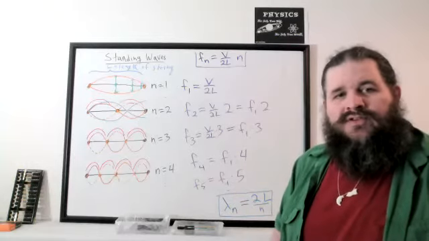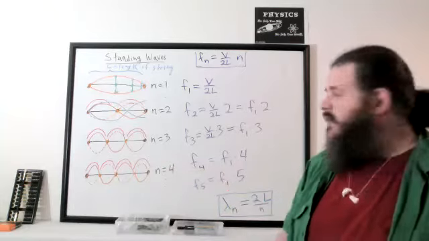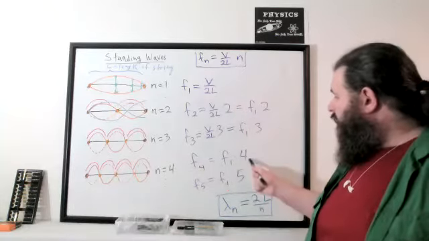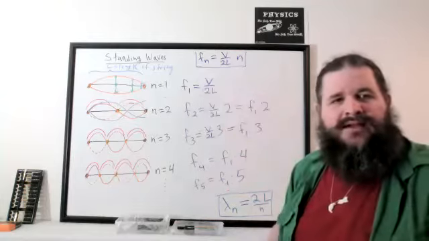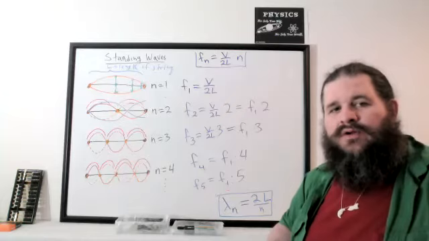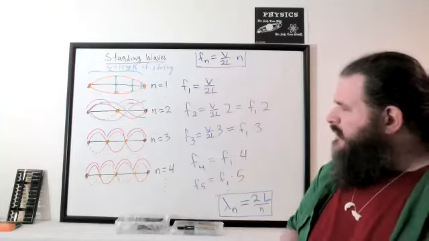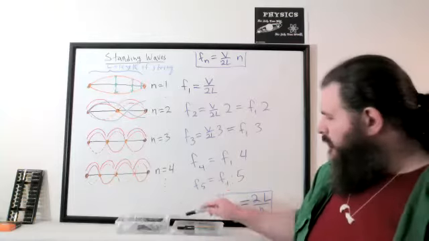So all the frequencies that can be produced by standing waves in this string are all these nice, tidy whole number multiples of the fundamental frequency. And when you pluck a string, you're actually not producing just one of these. You're producing lots of these at once. And this is really why musical instruments sound the way they do.